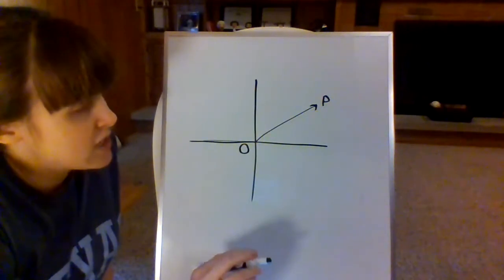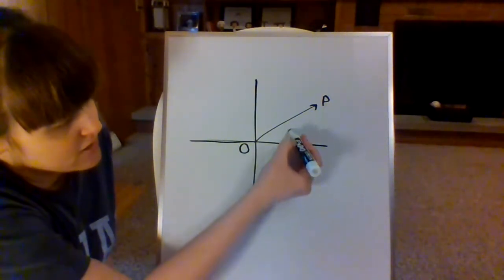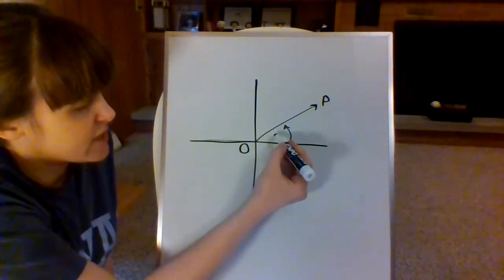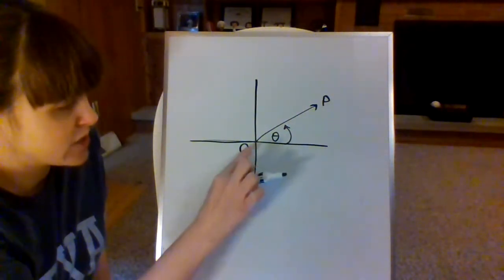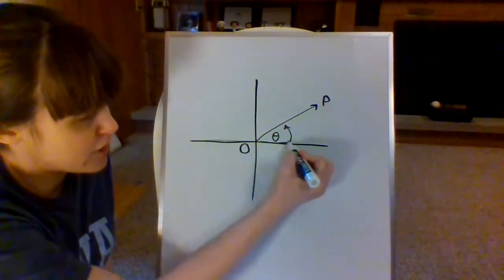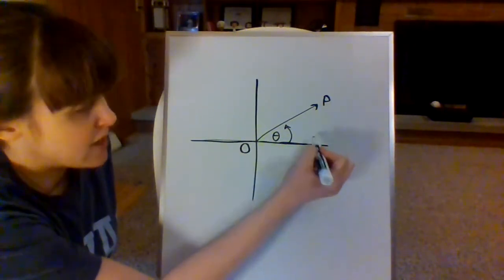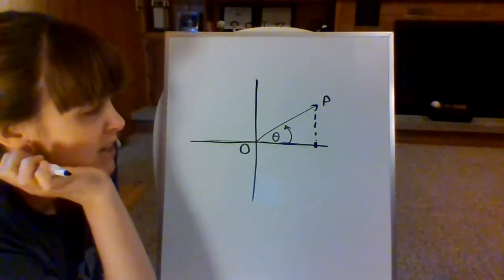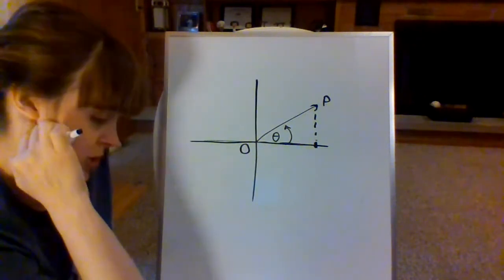If this is your vector, its angle theta is going to be this angle here. This is the angle theta that they're talking about, and it has a horizontal component, meaning how far do you have to go over to be in line with P, and then how far up do you have to go, like that. So that's basically what we're talking about here.